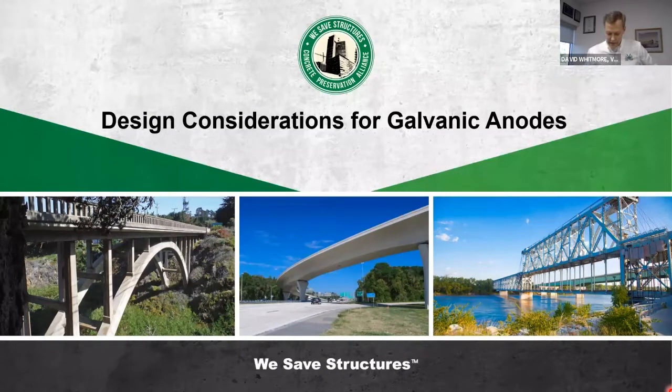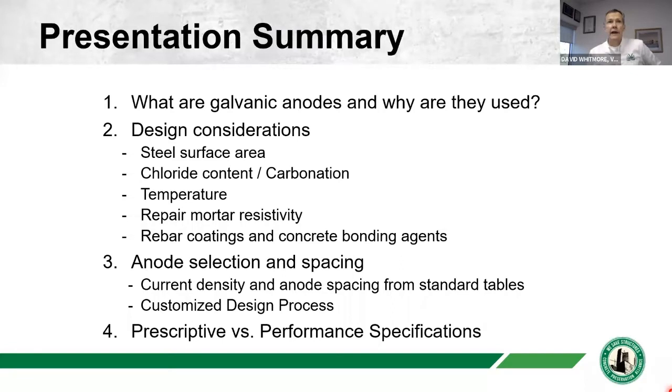The topic today is to talk a little bit about design considerations when you're using galvanic anodes. Just to get right into it, there are four aspects that I'd like to talk about today. The first is, very briefly, what are galvanic anodes and why are they used?